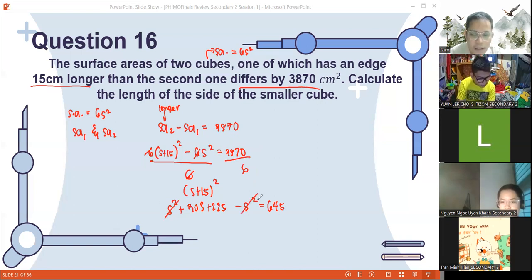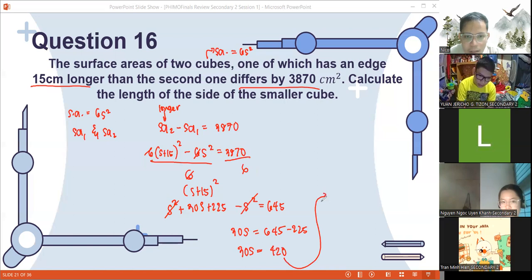So we have 30s is equal to 645 minus 225. So 30s is equal to 420. To solve for s, divide by 30. So s here is equal to 14.